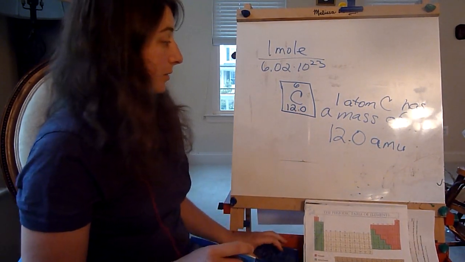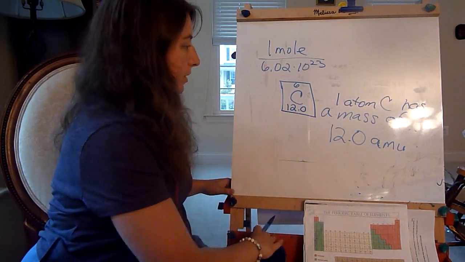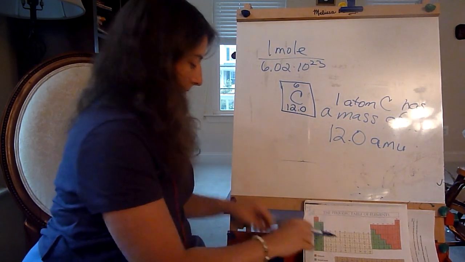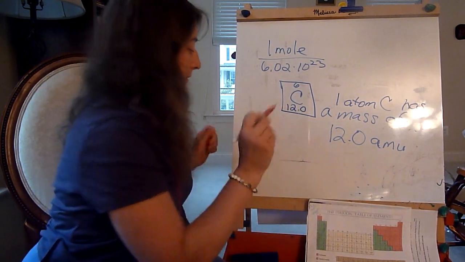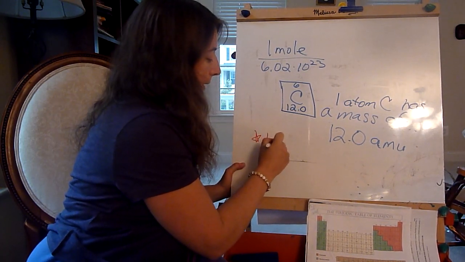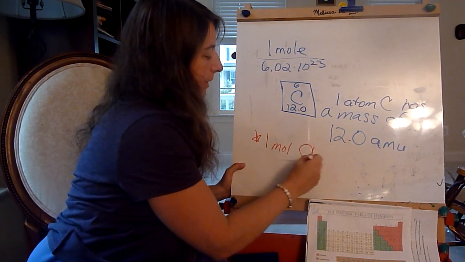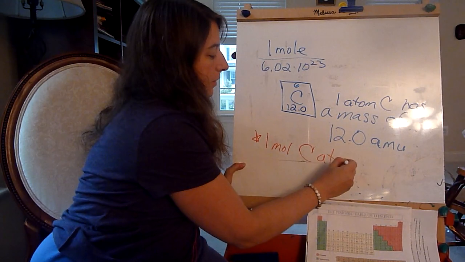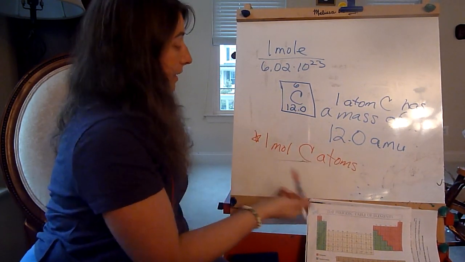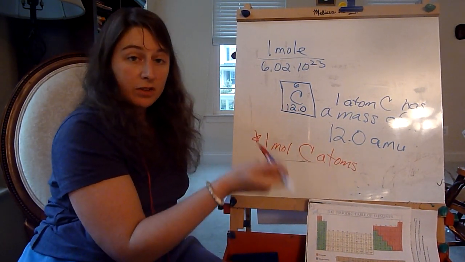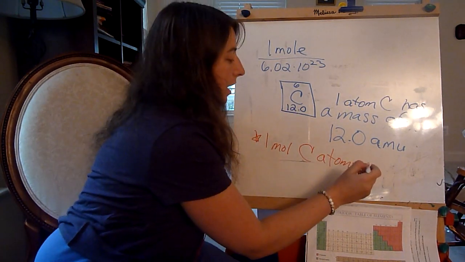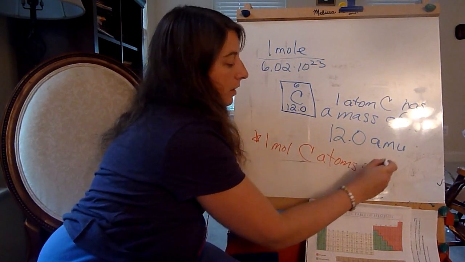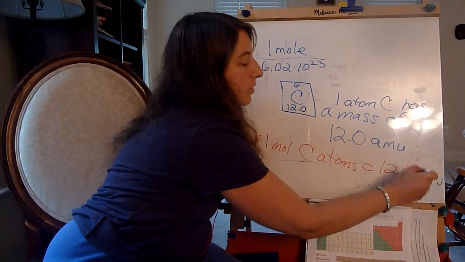That stands for atomic mass units. Okay, but that has another meaning also. It also means that 1 mole of carbon atoms, so 6.02 times 10 to the 23rd atoms of carbon, has a mass of 12.0 grams.